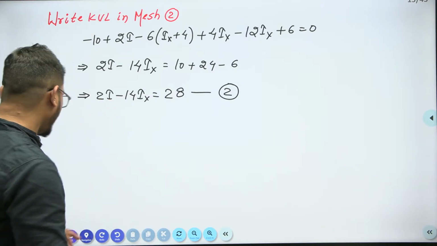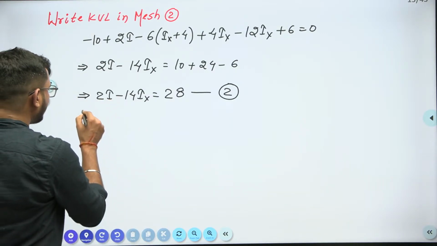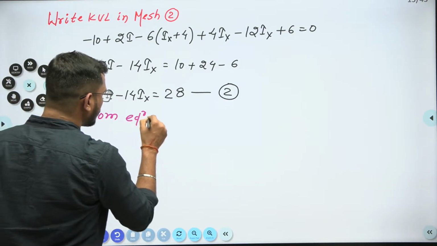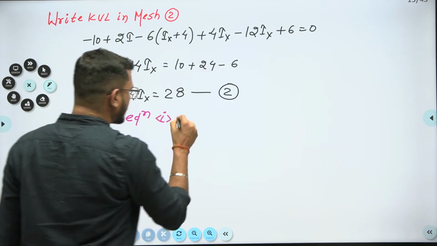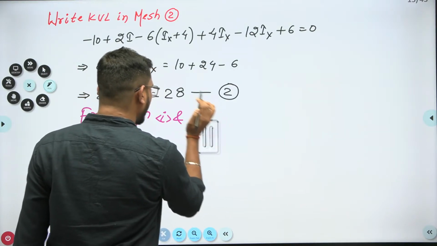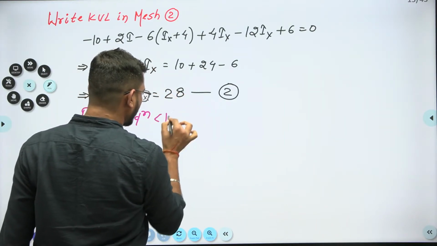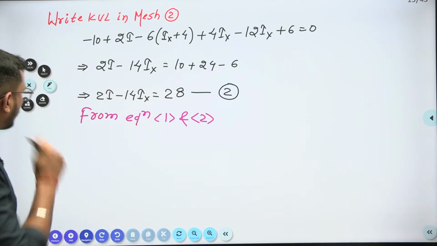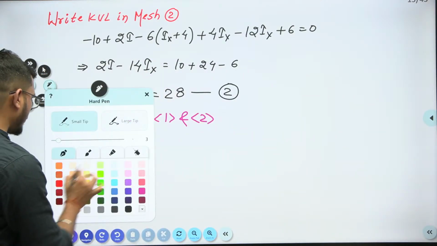Okay, now here I am writing from equation 1 and 2, guys. Is it clear, yes or no? So what can we write from equation 1 and 2 here?